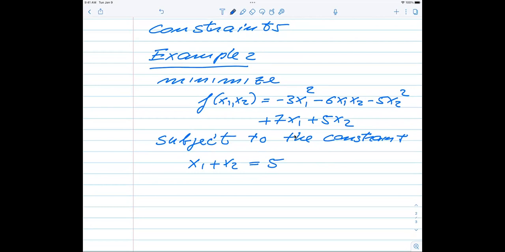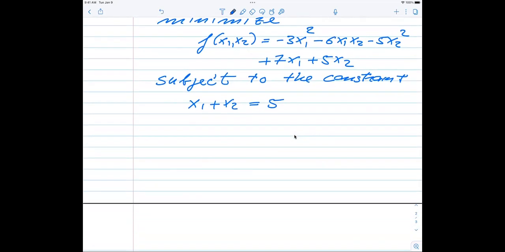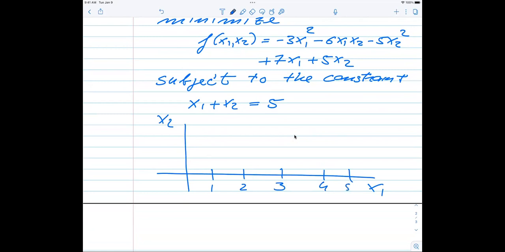So what that means, if you want to make a graph, you can set up a graph for x1 and x2 here. So we have 1, 2, 3, 4, 5. We know that when x1 is equal to 5, then x2 has to be equal to 0. And you can see that immediately, right? So this is the point we have.